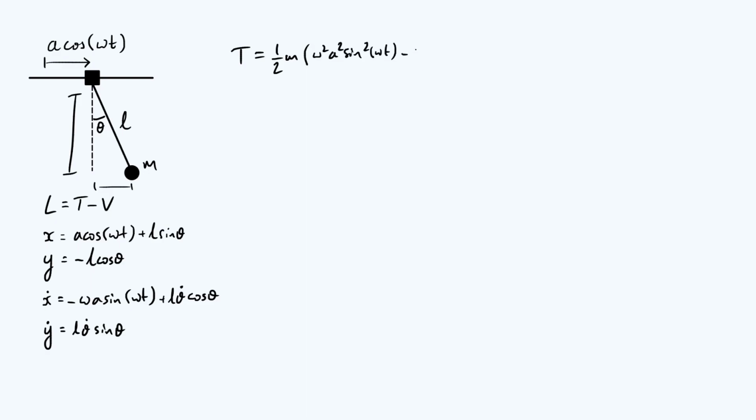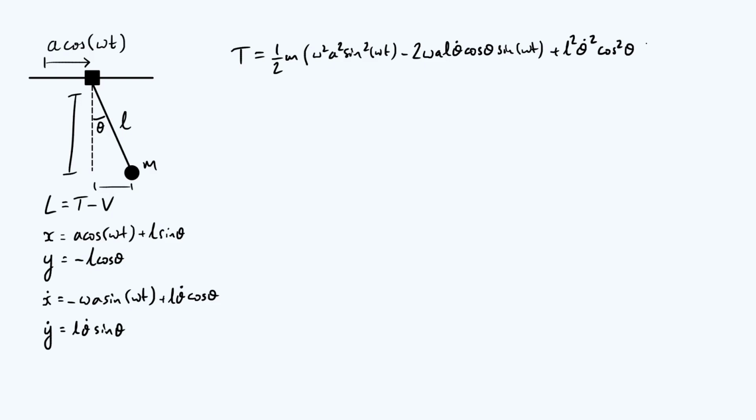You're going to get the cross term, which is minus 2 omega A L theta dot cos theta sine omega t, not the nicest looking term, but just coming from doing that times 2. And then you've got your final term squared, which is plus L squared theta dot squared cos squared theta. Then that takes care of the x dot squared bit.